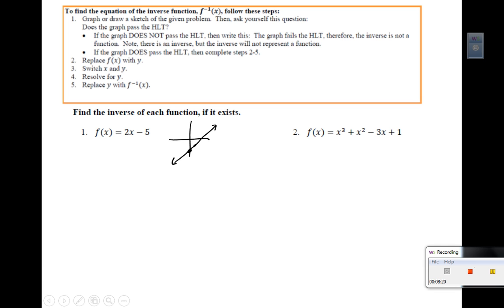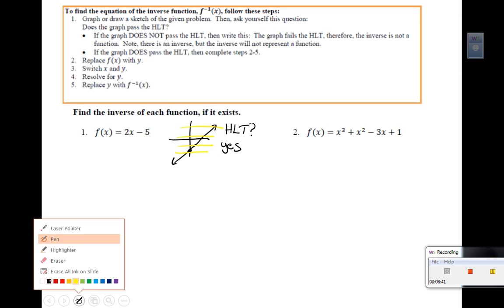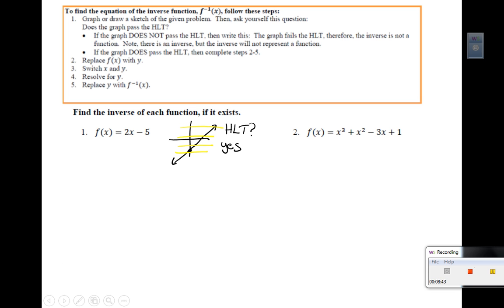No. But does it answer some questions for me? Yes. So now I'm going to ask myself, does this pass the HLT? The answer is yes. Because as I draw horizontal lines through here, I only hit it in one place. So it passes the HLT. So step 1 is done.